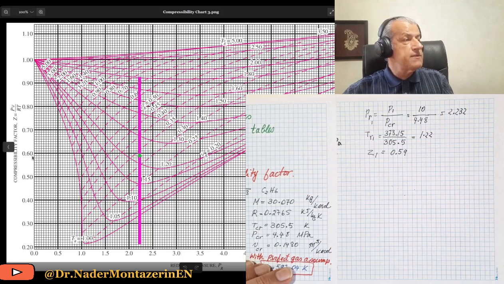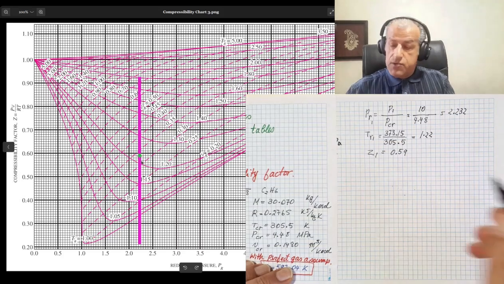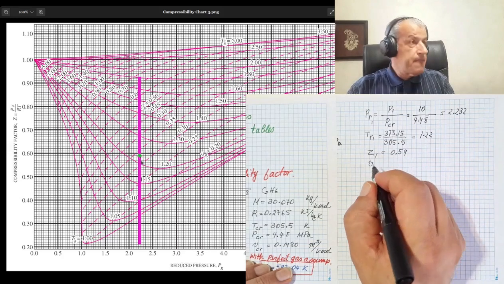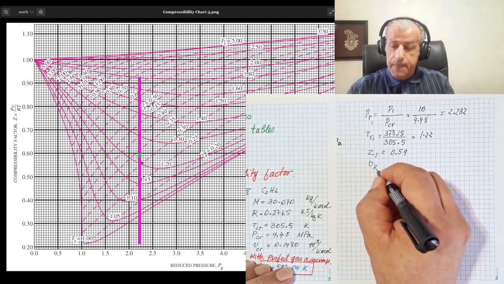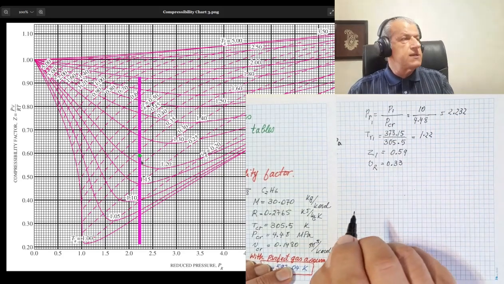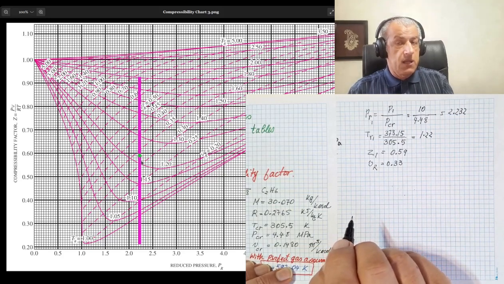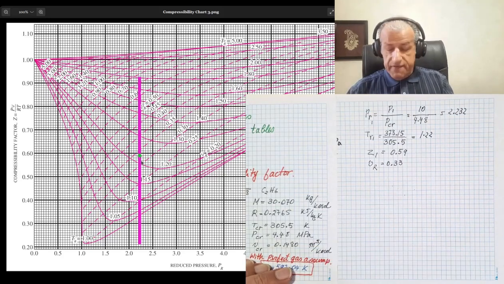And VR is somewhere between 0.3 and 0.35. I assume it to be 0.33. So VR equals 0.33.